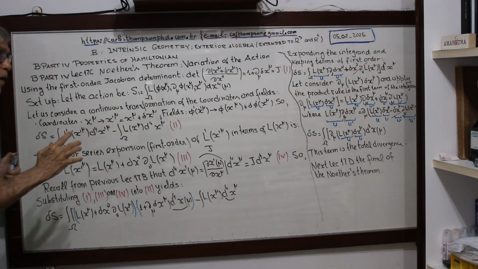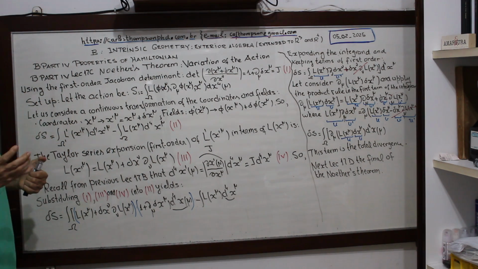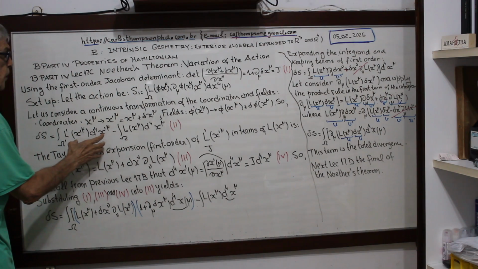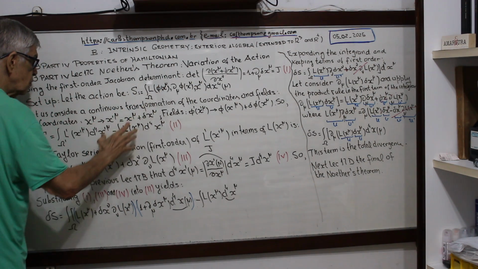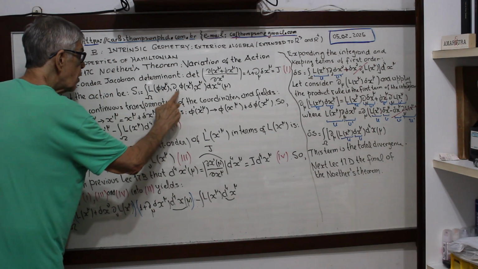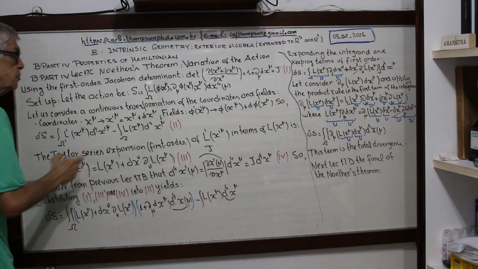Now I want the variation of the action, delta S. That is from variational calculus, so you just copy the definition from here to here. But look, all this function depends on the variable x mu.